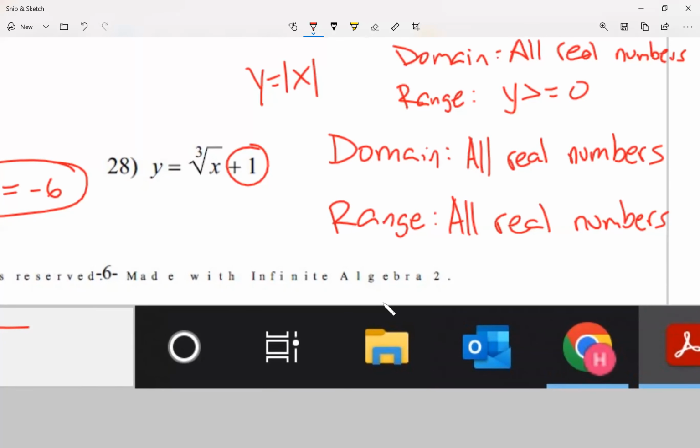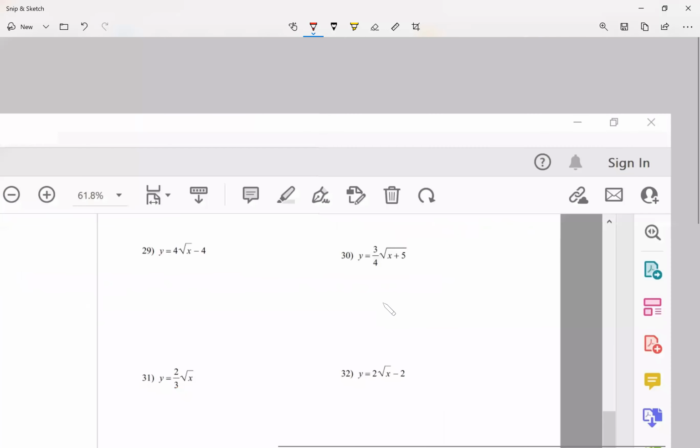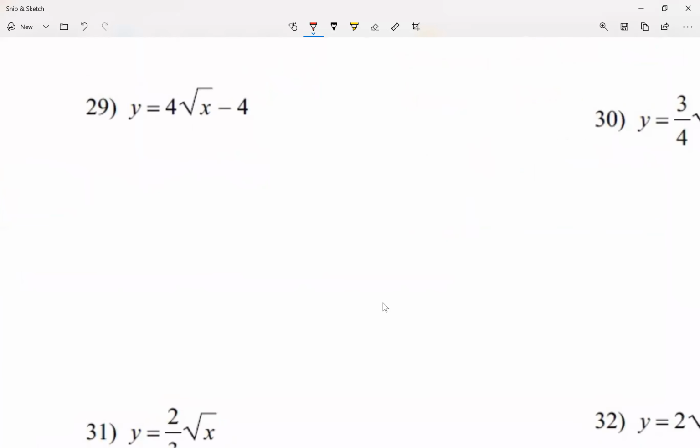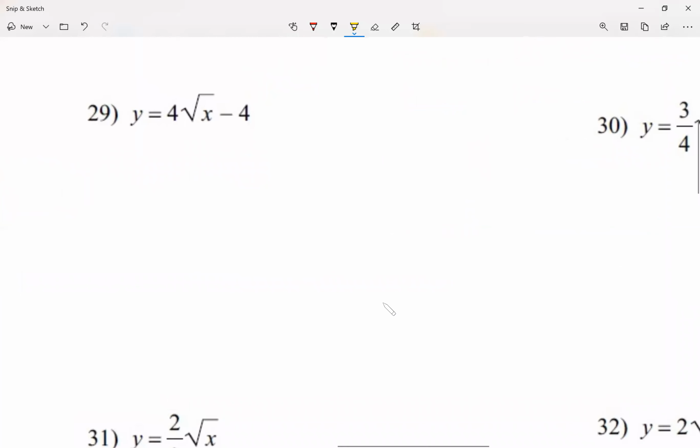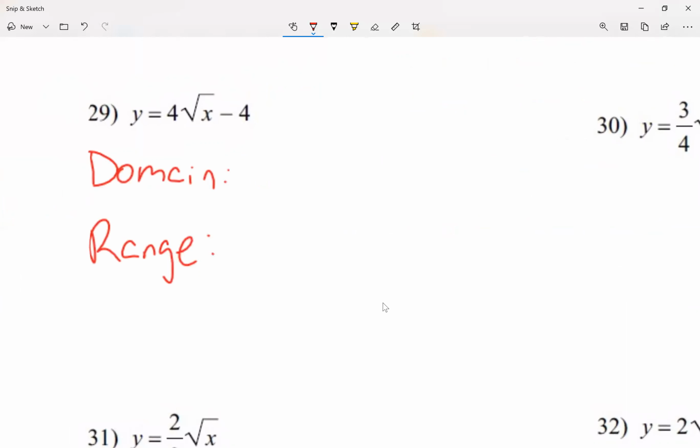Let's take a look at question number 29. Let me write domain and range. My x is inside the square root.